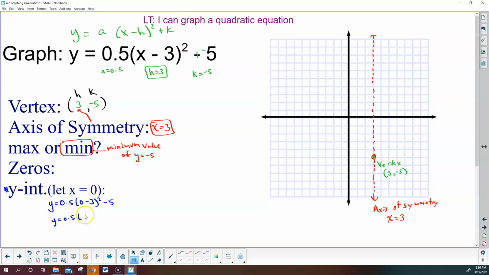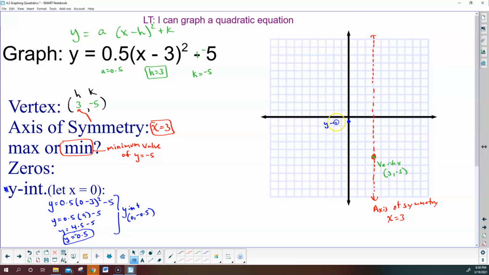So -3 squared is going to be 9. It's a positive 9. That gives me 4.5 minus 5, or negative 0.5.